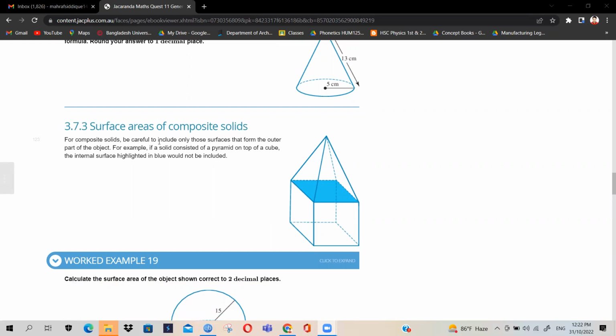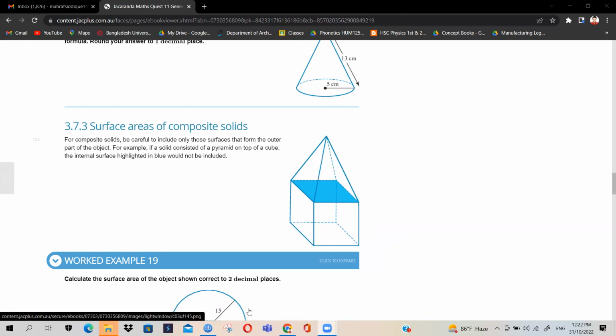For composite solids, be careful to include only those surfaces that form the outer part of the object. For example, if a solid consisted of a pyramid on top of a cube, the internal surface area. Obviously, whenever you are calculating the surface area, as you can see, there is a cube and there is a square base pyramid, right?